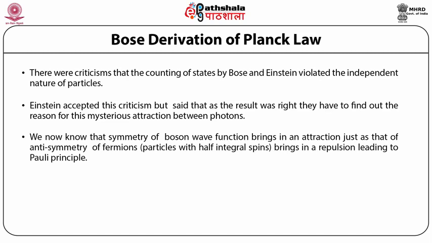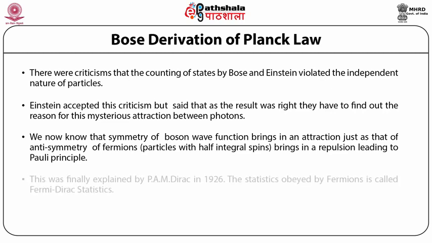We now know that the symmetry of the boson wave function brings in an attraction, just as the antisymmetry of fermions, that is, particles with half-integral spin, brings in a repulsion leading to the Pauli principle. This was finally explained by P.A.M. Dirac in 1926. The statistics obeyed by fermions is called Fermi-Dirac statistics, and the statistics obeyed by the Bose-Einstein theory, which we discussed earlier, is now called Bose-Einstein statistics.